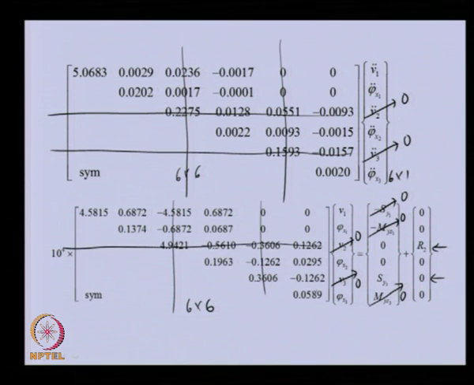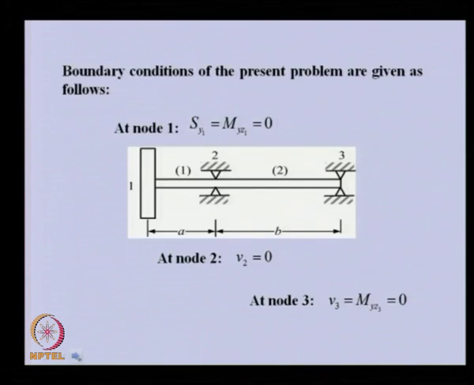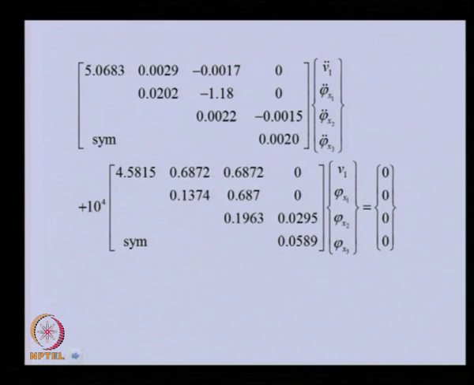The remaining terms, this will get eliminated, this will get eliminated. So this is the reduced form of that. This vector will be 4 by 1 because we have eliminated 2 variables. Here 4 by 4 size will be there, this is also 4 by 4.